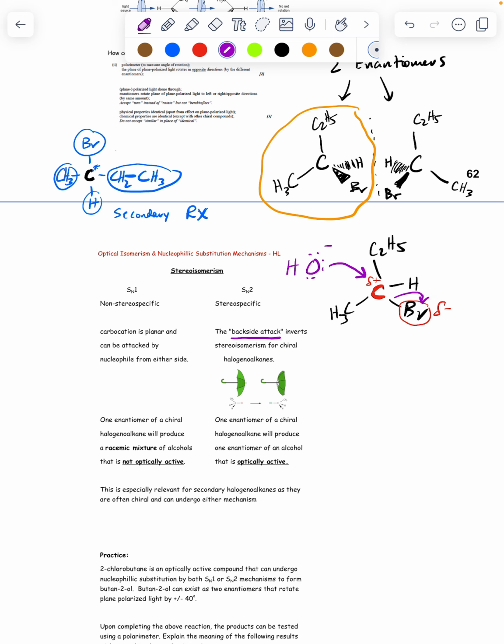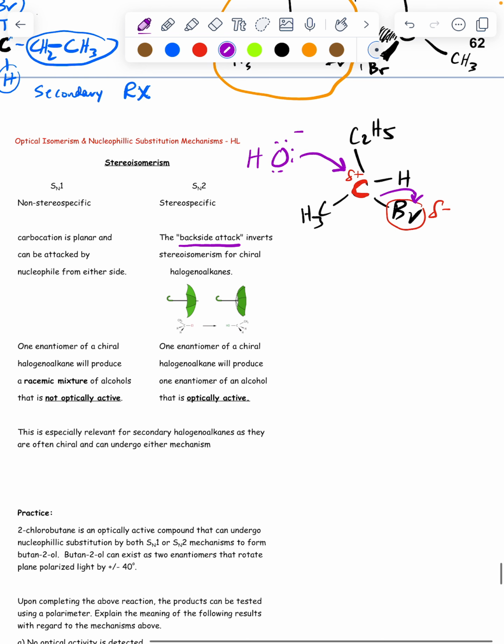And what that's going to do is it's actually going to invert the stereochemistry of this chiral molecule. And so in the end, if the carbon is here, the methyl group is going to get pushed out in this direction. And the hydroxide that we bonded on is now going to be on this side.